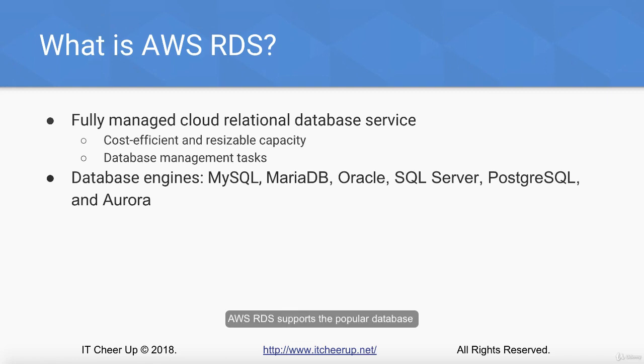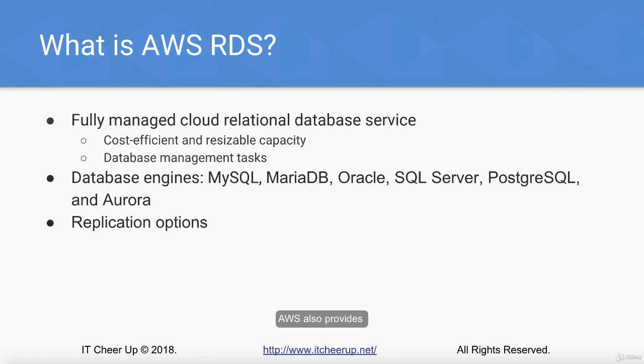AWS RDS supports the popular database engines MySQL, MariaDB, Oracle, MS SQL Server, and PostgreSQL. This means that the code, applications, and tools you're already using today with your existing databases should work seamlessly with Amazon RDS.